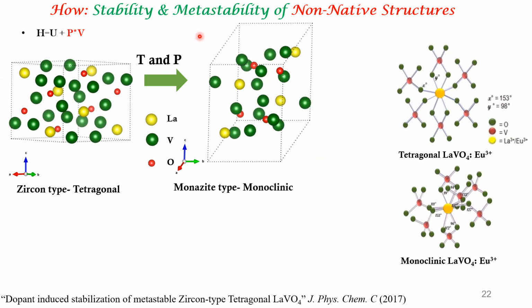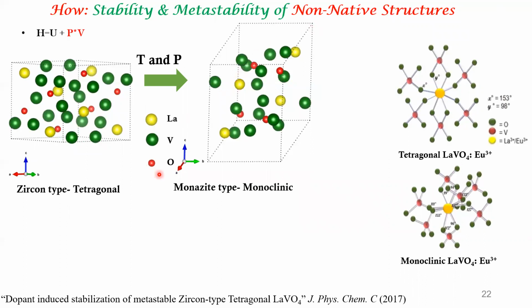This issue of metastability and stability is a delicate issue. A lot more discussion is required to really calibrate which is metastable and stable. We'll just broadly mention different approaches we have utilized.